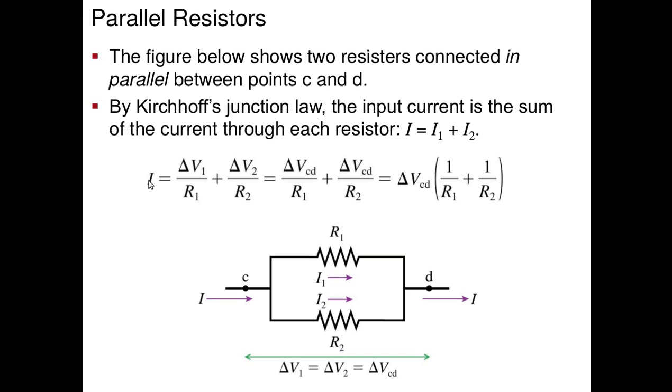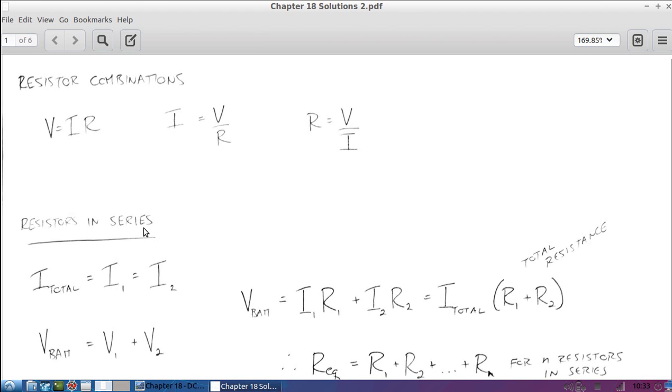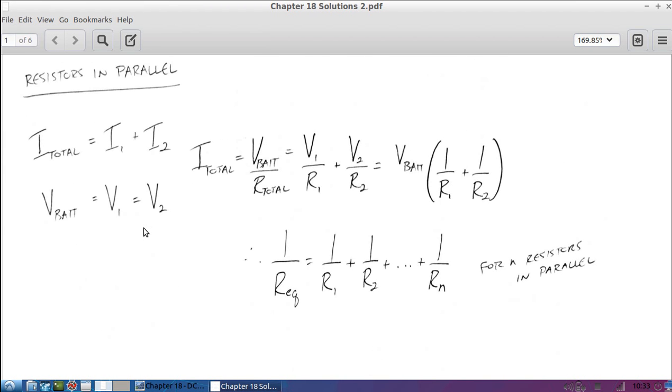If I rewrite this, the total current, I'll come back here to my derivation. If I write that I as the total current through that entire system, it's equivalent to the voltage of the battery divided by the equivalent resistance provided by those two resistors.